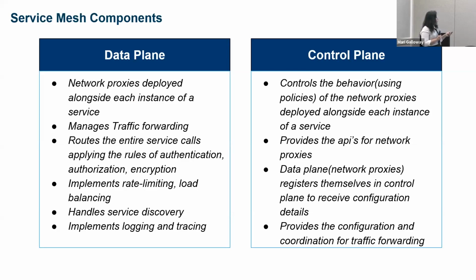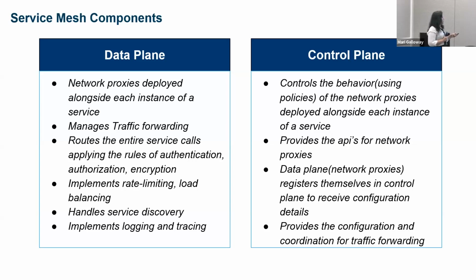And this data plane is responsible for managing the traffic forwarding, routing service calls, applying the rules of authentication and authorization, implementing rate limiting, handling service discovery, and implementing logging and tracing. Whereas the control plane sits on top and controls the behavior of these proxies that are deployed in the data plane and provides the APIs for all these network proxies.